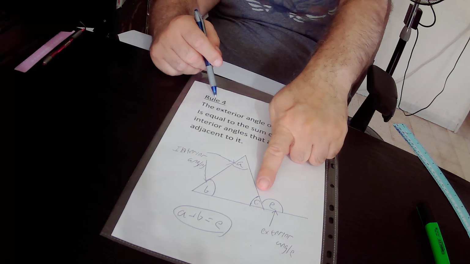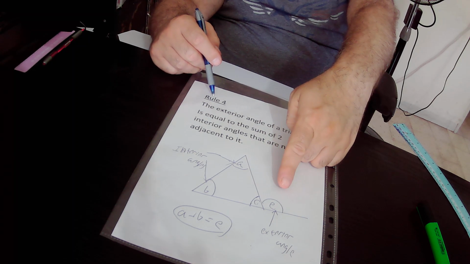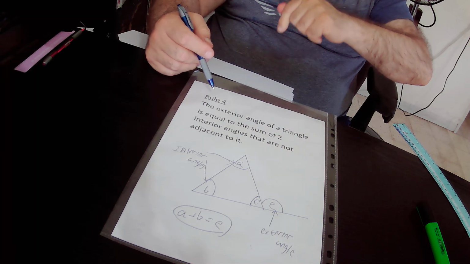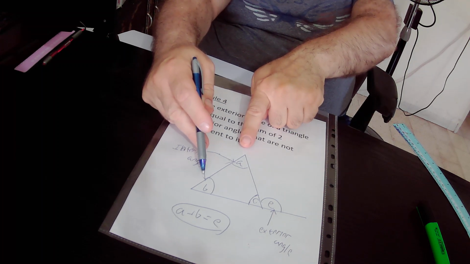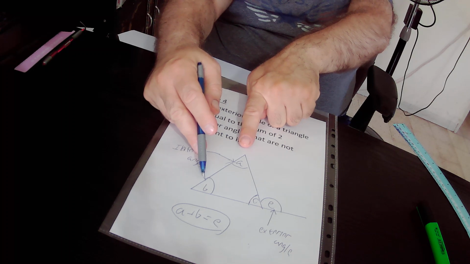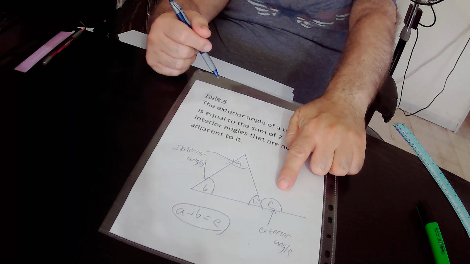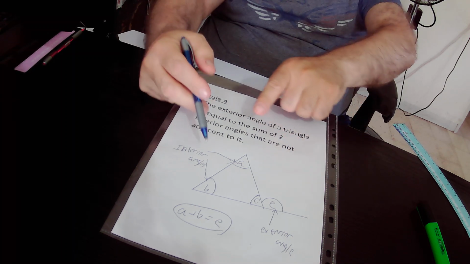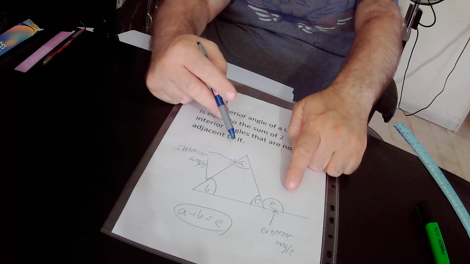This is angle C, that is an interior angle that is definitely adjacent to this angle, angle E. The other two interior angles that are not adjacent to this angle E are those two angles, A and B. And the sum of those two angles is of course A plus B. According to this rule 4, the size of the exterior angle, angle E, is equal to the sum of the two interior angles that are not adjacent to it. That is to say, angle E equals A plus B.